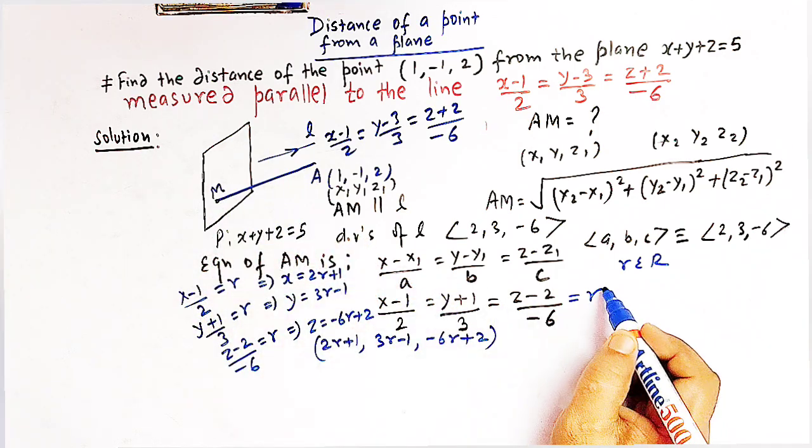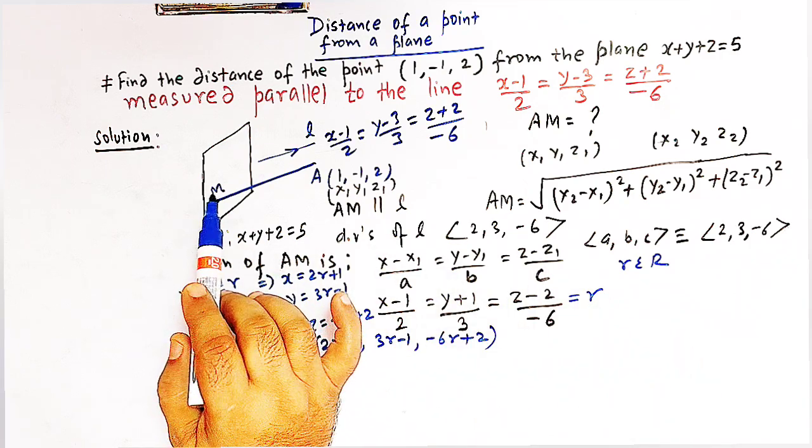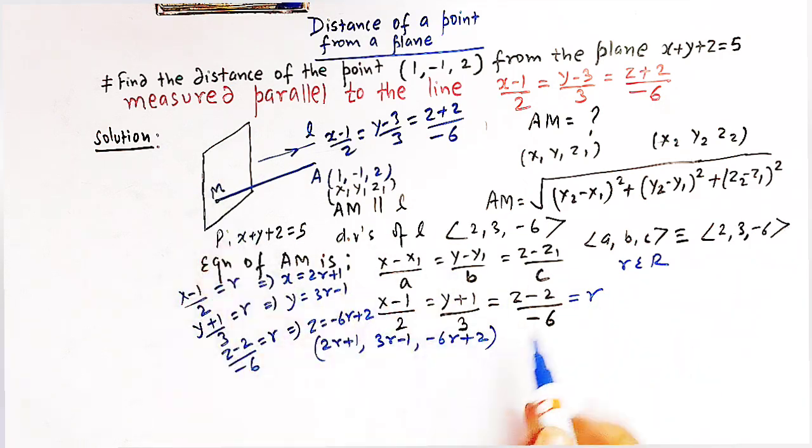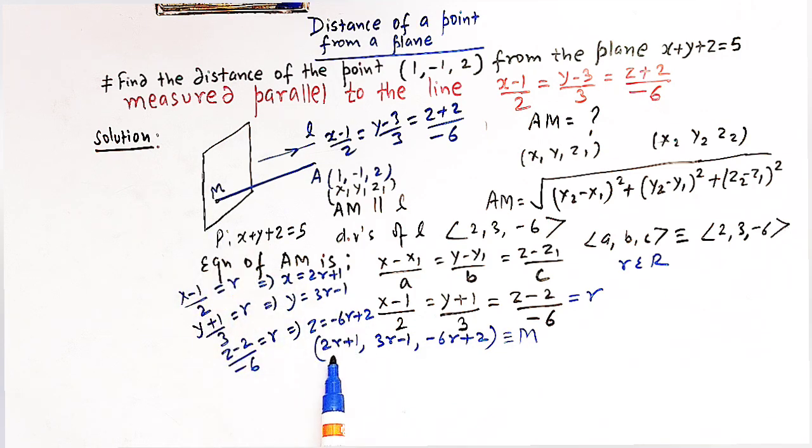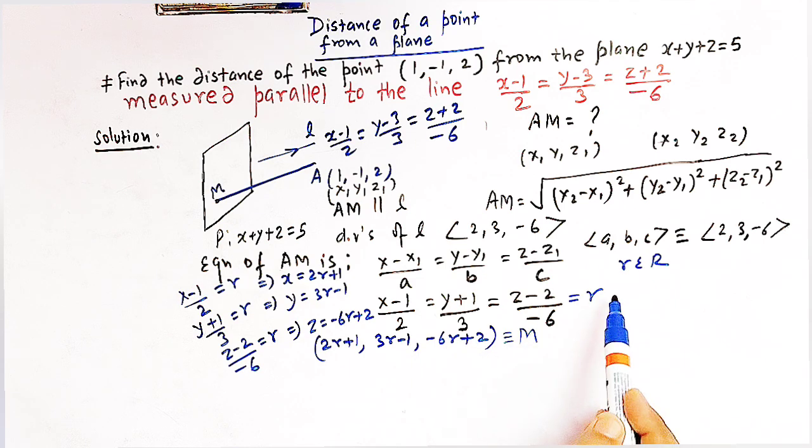And for some value of r, we can take this coordinate as this one. So we can now take the coordinates of M as 2r plus 1, 3r minus 1, minus 6r plus 2 for some value of r.